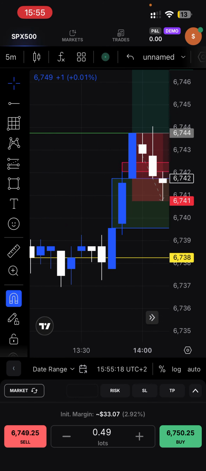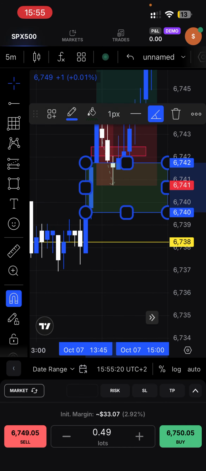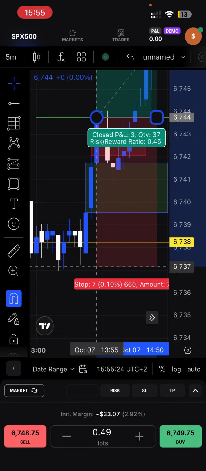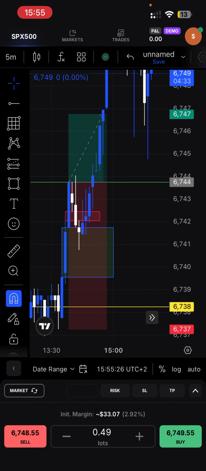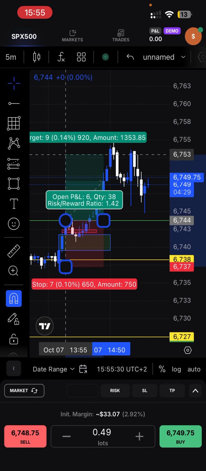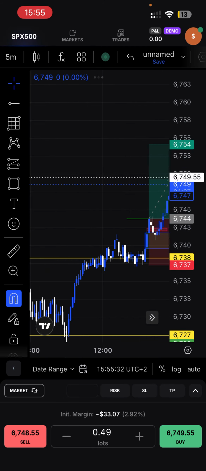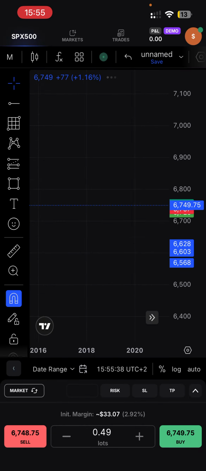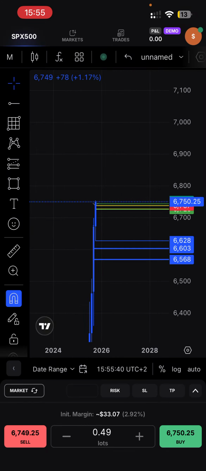And I would have been able to put my stop loss down there and put my take profit all the way. Now I deleted the line. I kind of regret that. I could have put that all the way.